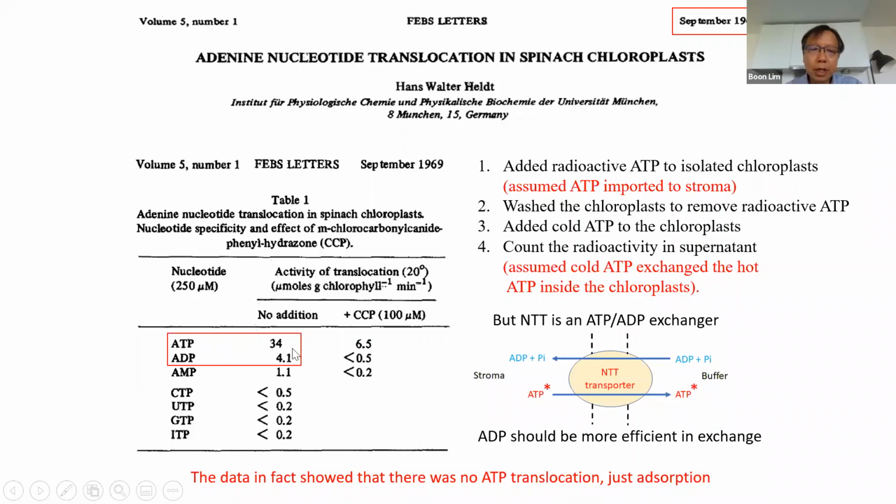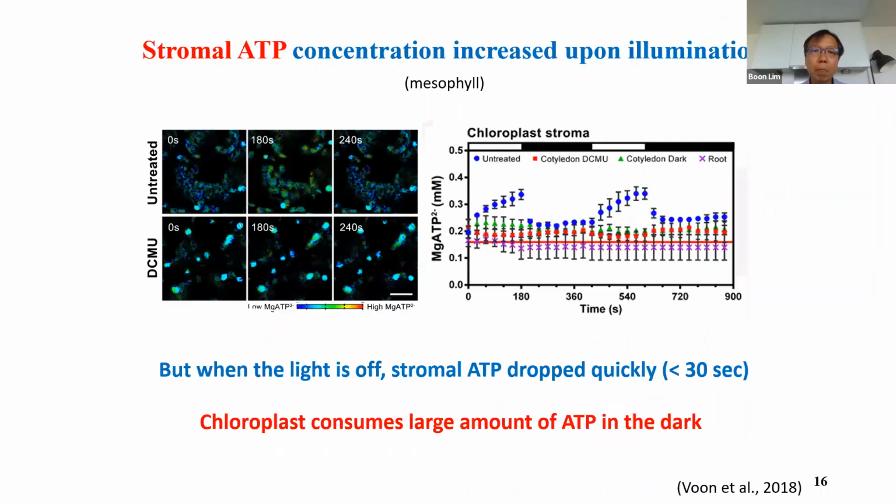So his data actually showed that there was no ATP translocation, and the radioactive ATP he added was only adsorbed on the surface of the chloroplast, so that when he added cold ATP, the radioactive ATP was just dissolved from the outside or the membrane of the chloroplast. So we believe that the mature chloroplast does not import cytosolic ATP.